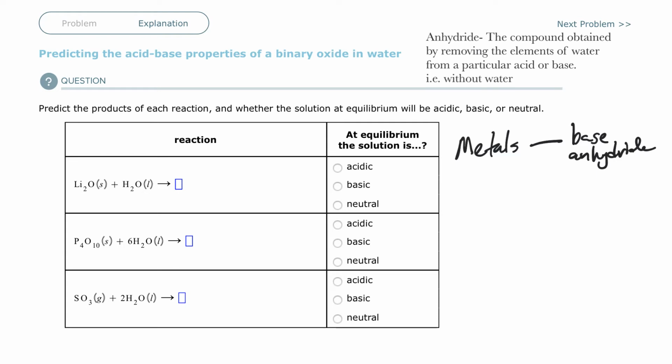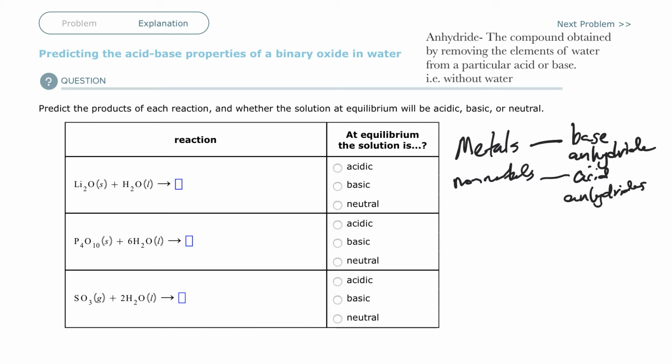Remember that strong bases will completely break apart, and weak bases will partially break apart. Strong acids will completely dissociate, and weak acids will somewhat break apart. So metals normally form base anhydrides, and nonmetals will often form acid anhydrides.